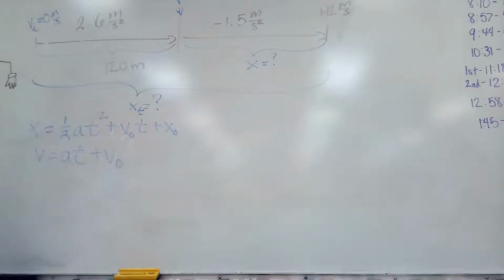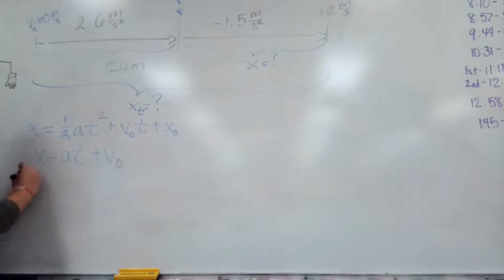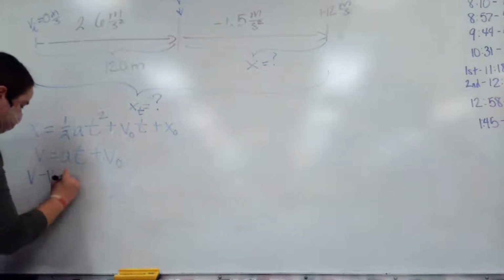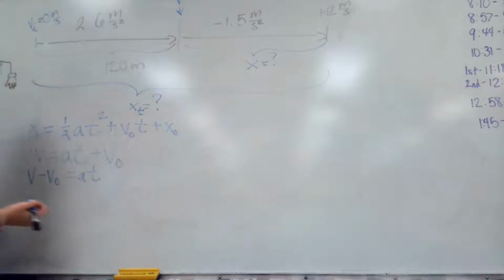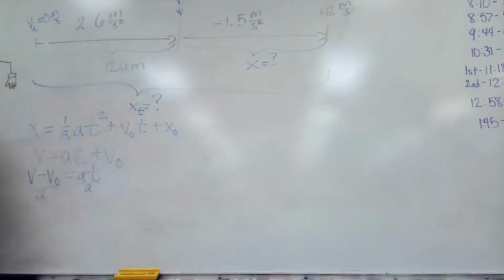Cool? Okay. So to solve this for t, we're going to want to subtract v naught from both sides. So we get v minus v naught equals at. And then we want to divide both by a. A cancels out here.